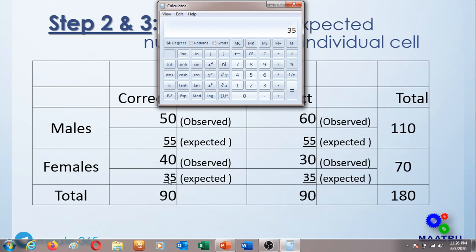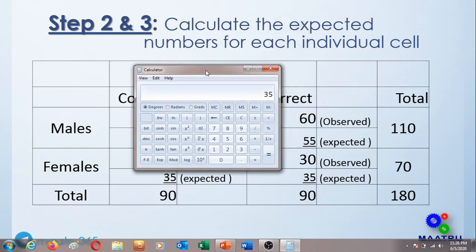Here it is 35. Moving on to the next. Row total 70 into column total 90 divided by 180. 35 again. This way we got all the expected values, and steps 2 and 3 are completed.